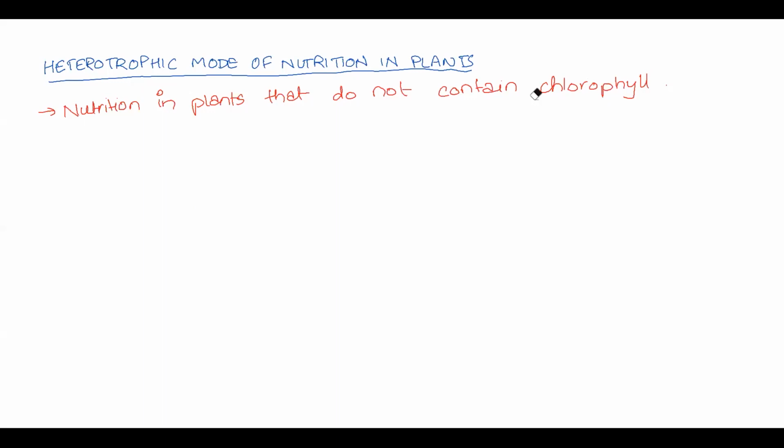I'll send you a picture of the same in the group. There you can see what these yellow structures I'm talking about are. These are basically a type of plant which doesn't have chlorophyll. There are many plants that do not contain any chlorophyll, so they are unable to prepare their food by themselves. They rely on other plants and animals for their food.